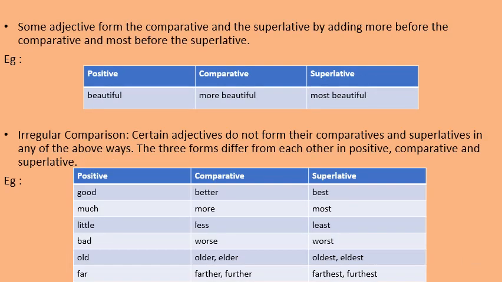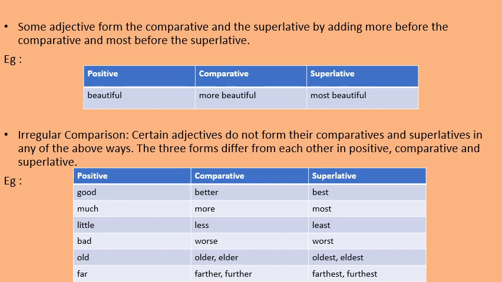Some adjectives form the comparative and the superlative by adding more before the comparative and most before the superlative degree. Some adjectives don't take ER or EST behind the word.